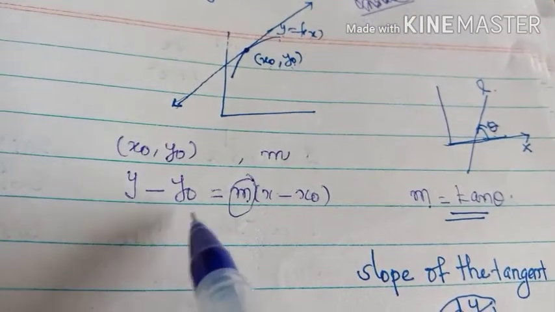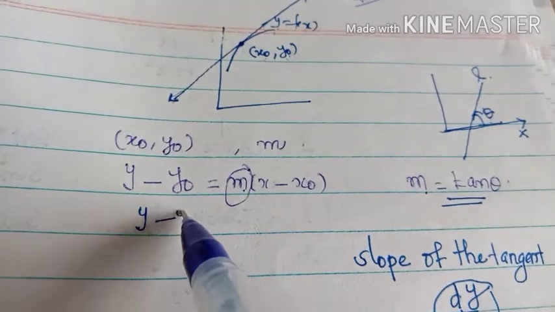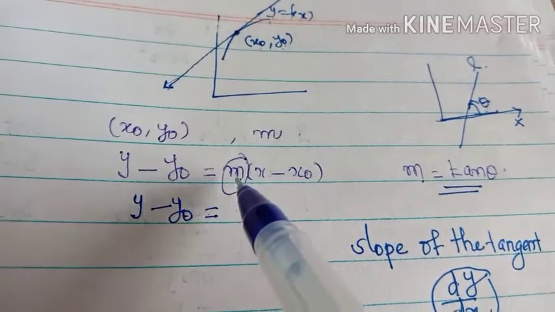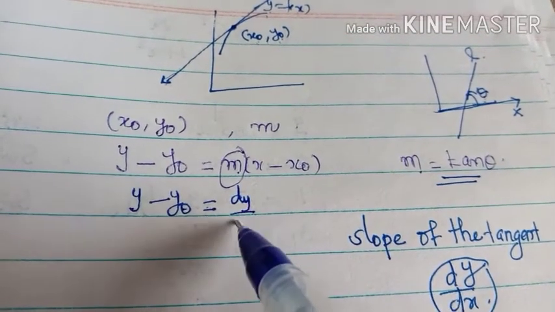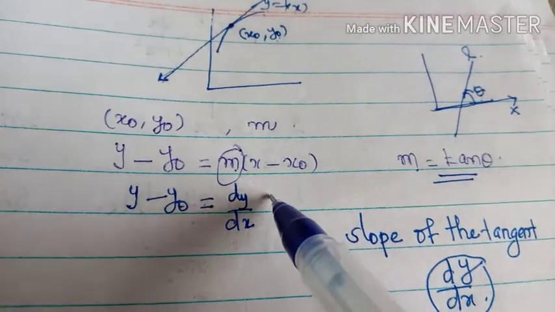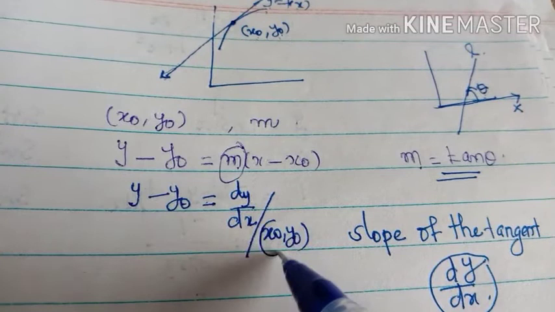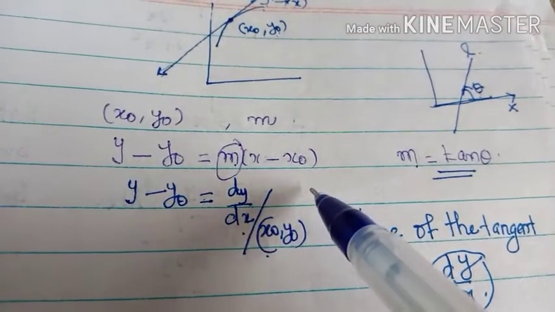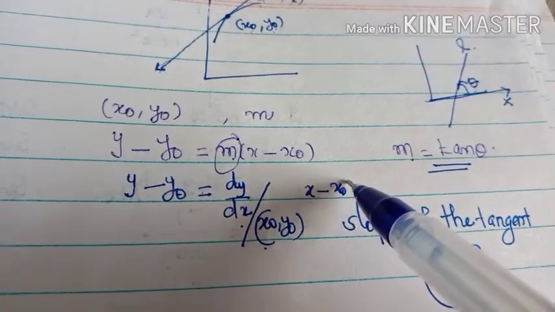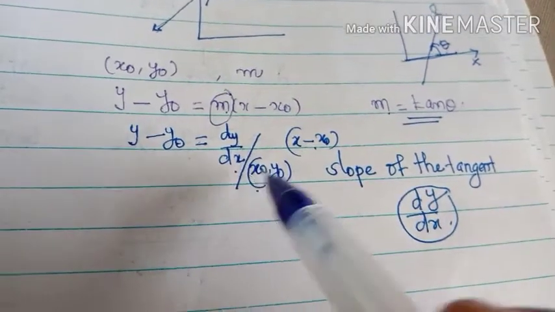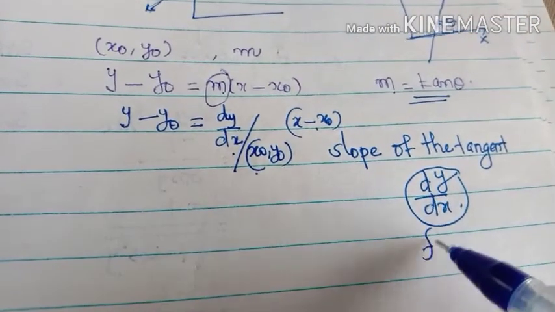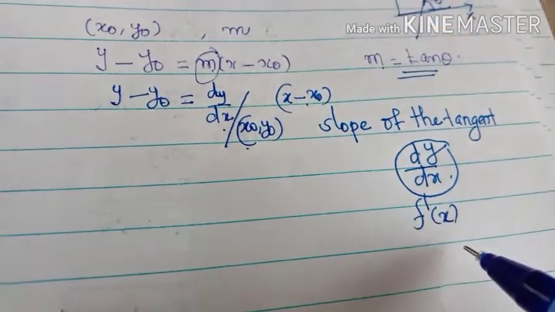So the equation becomes y minus y naught equal to, what is the slope? dy by dx at the point x naught, y naught, into x minus x naught. dy by dx is also the same as f dash of x.